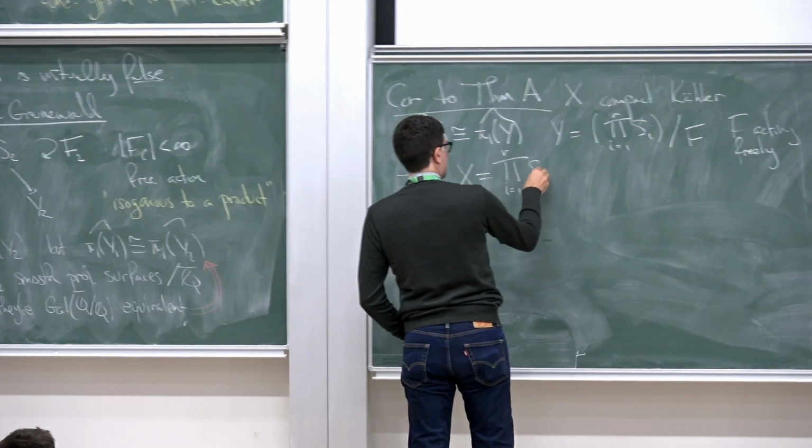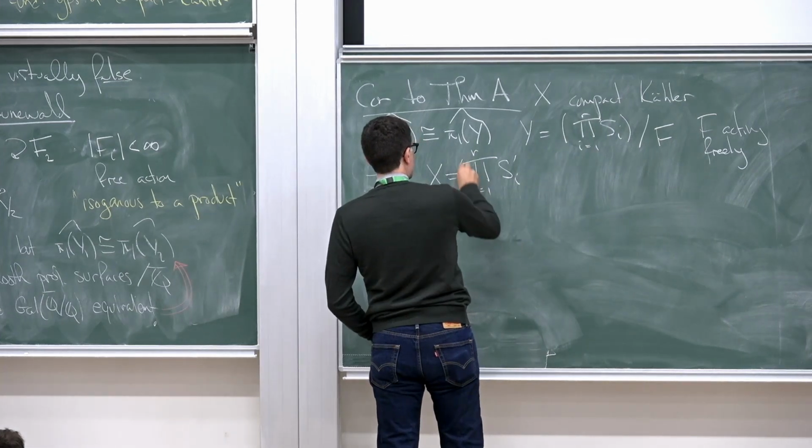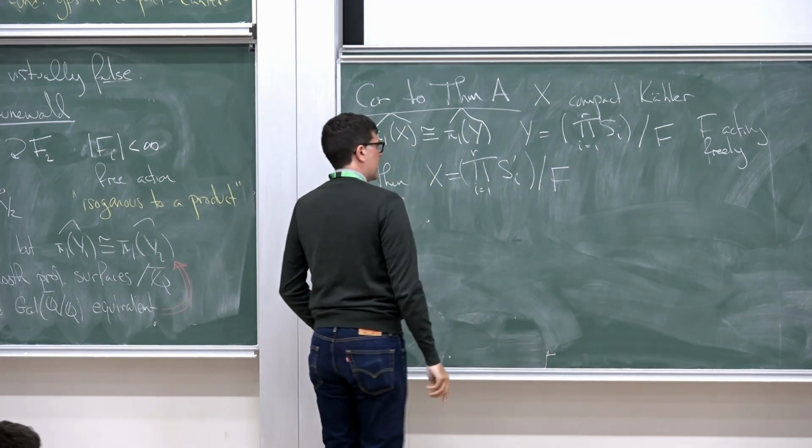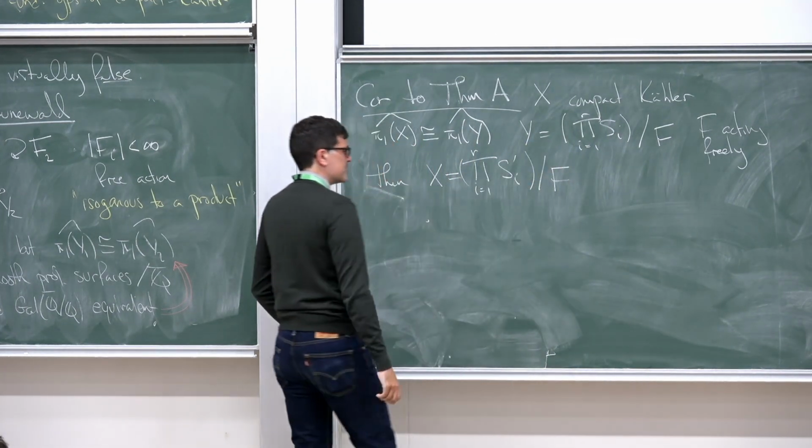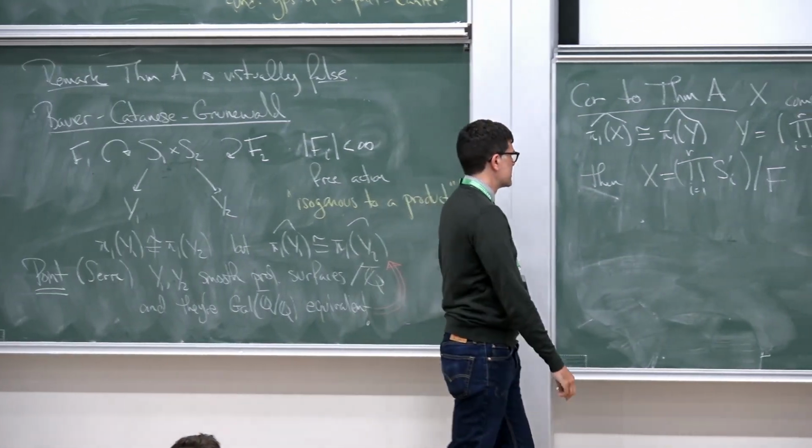I'll be pedantic about complex structures, so there may be different complex structures here, so that you could make these actions holomorphic. If you don't care, just take the same surfaces.